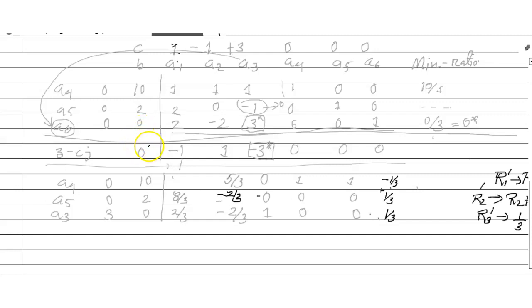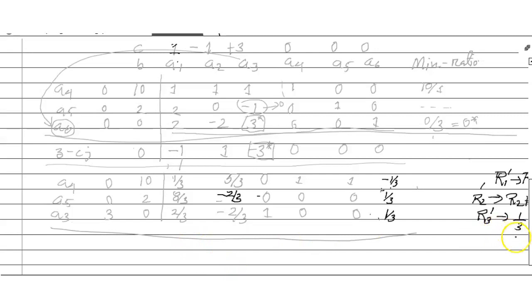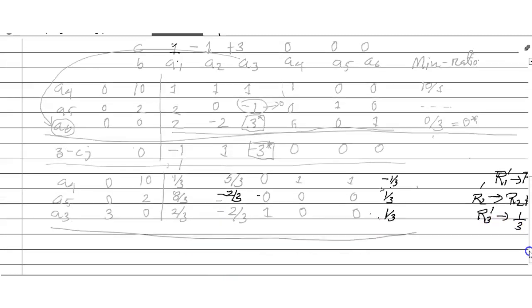This portion is 1 minus 2 by 3, which is 1 by 3. I hope this concept is clear, because R1 equals R1 minus R3 dash. So this is the calculation part.